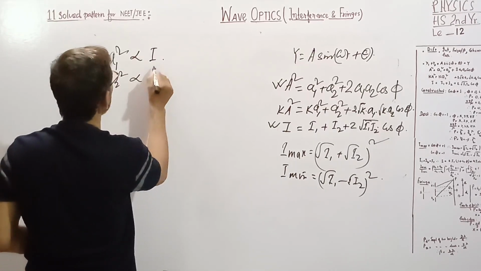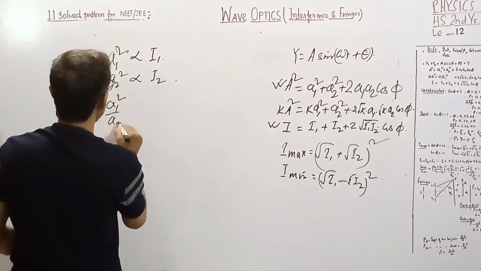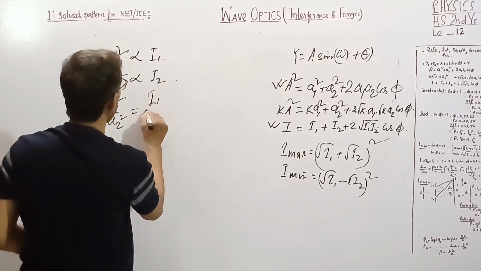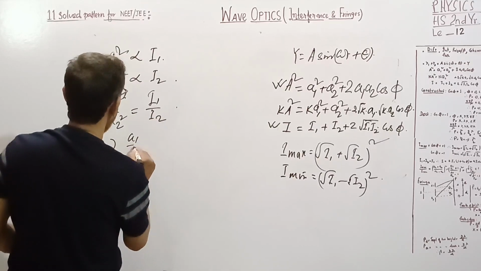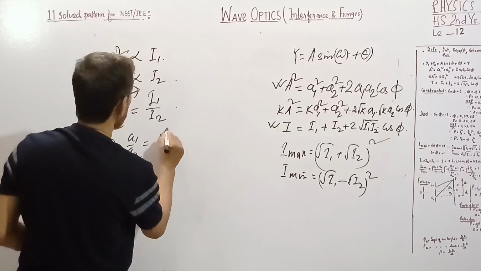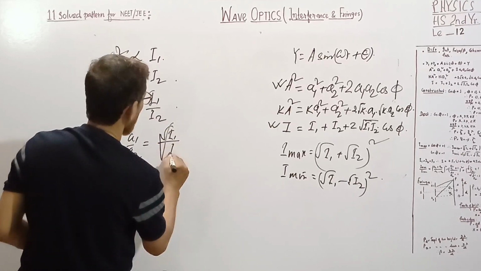A2 square is proportional to I2. So A1 square by A2 square is equal to I1 by I2, or A1 by A2 is equal to root over I1 by I2.